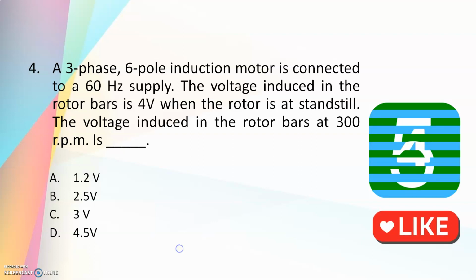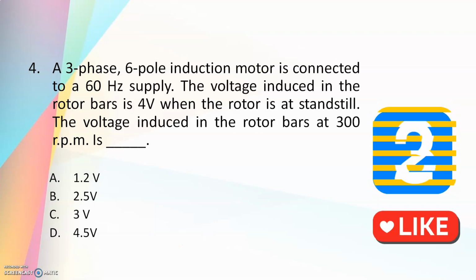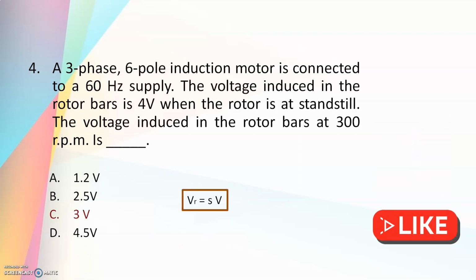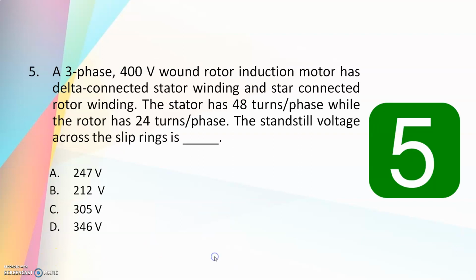And the answer is 3 volt. Here the voltage induced in the rotor is slip times the voltage at standstill. Now here you have to calculate the slip using the equation S equal to (ns minus n) divided by ns and just substitute. Now the fifth question.